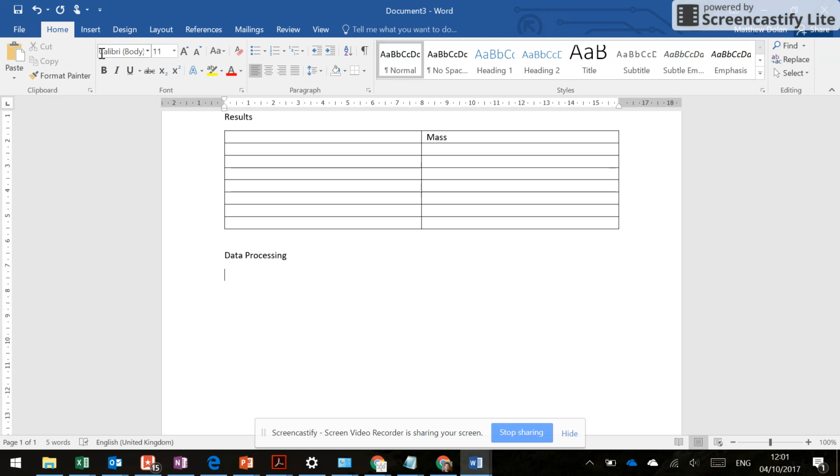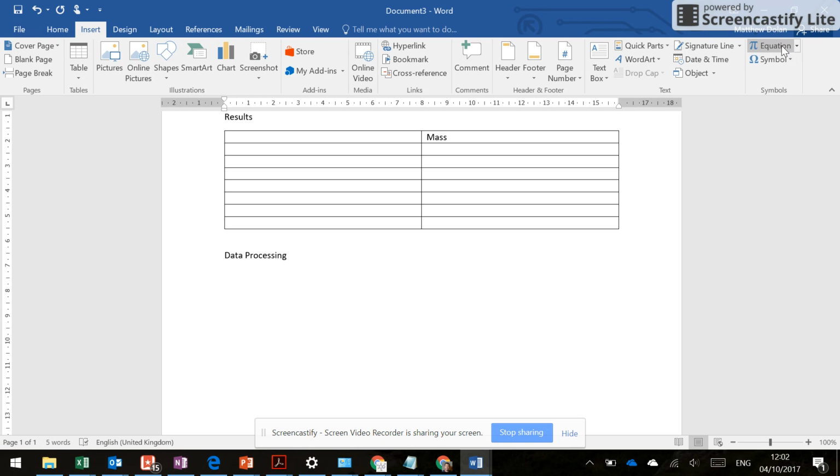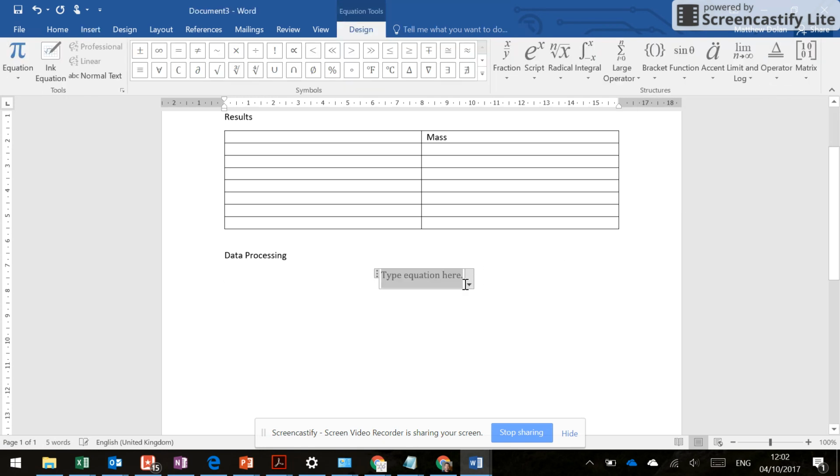Yes, okay, yeah, you know how to convert mass to moles, don't you? So how do you do that? Insert equation. Just makes it a bit neater. Okay, so for example, if I wanted to do mass of hydrated sulfate. Uh-oh, how do I do a subscript in the equation editor?